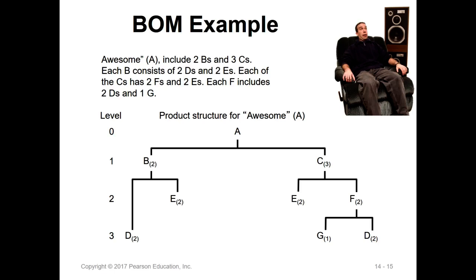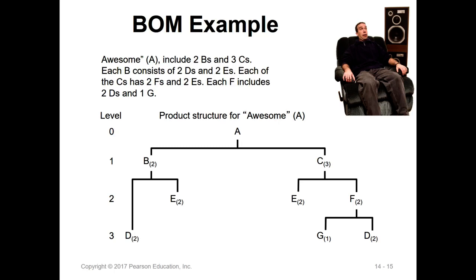clear. Under A, here B and C, and even D, E, F, G, they are all called components or children, right? Because they are all below A. And A, you can call this a parent. B is a parent.